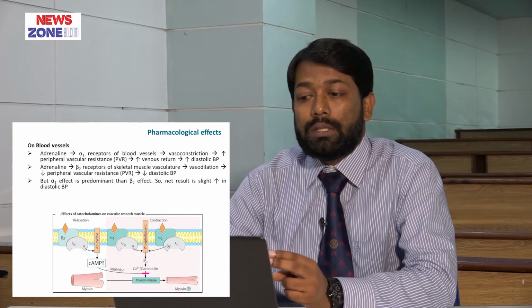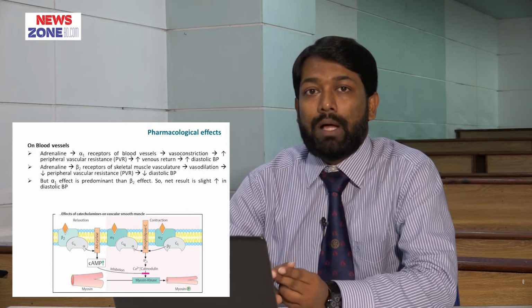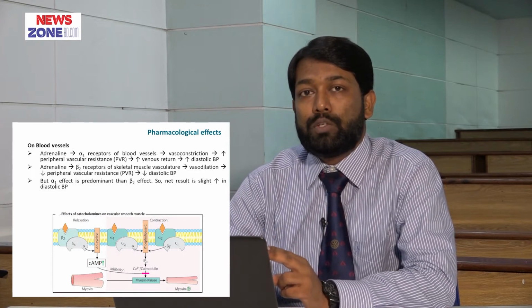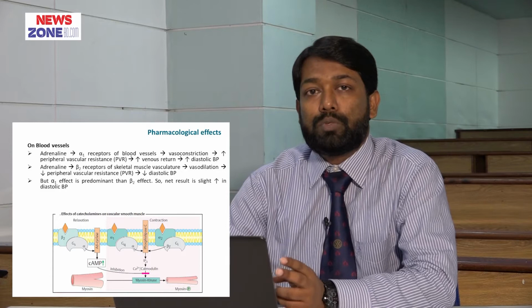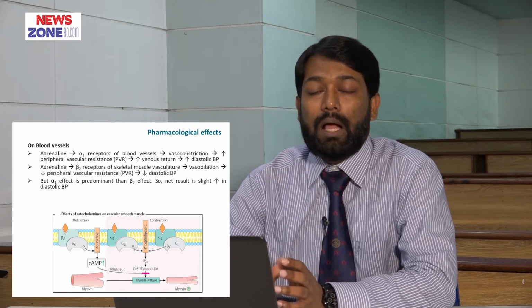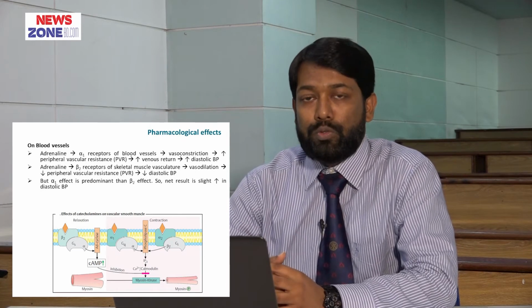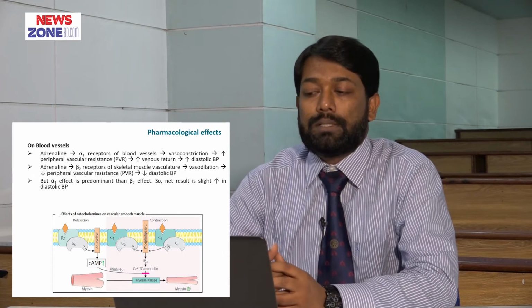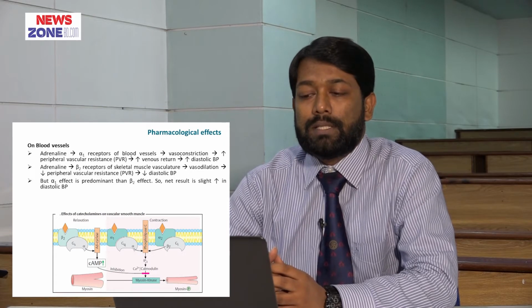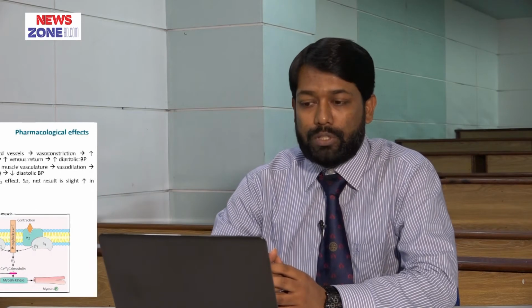So, these two effects, alpha 1 effect and beta 2 effect, are quite opposite of each other, but the alpha 1 effect is predominant over the beta 2 effect. So, the net result is a slight increase in diastolic blood pressure.